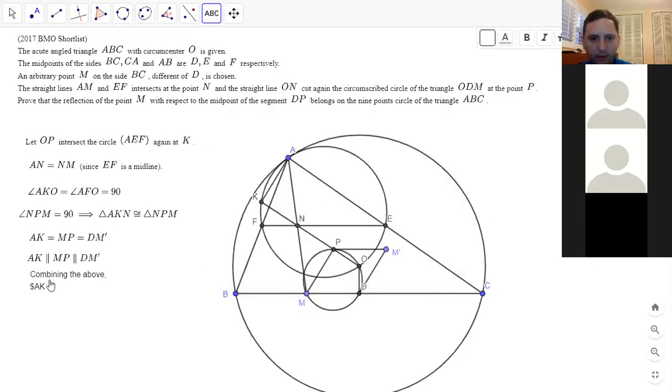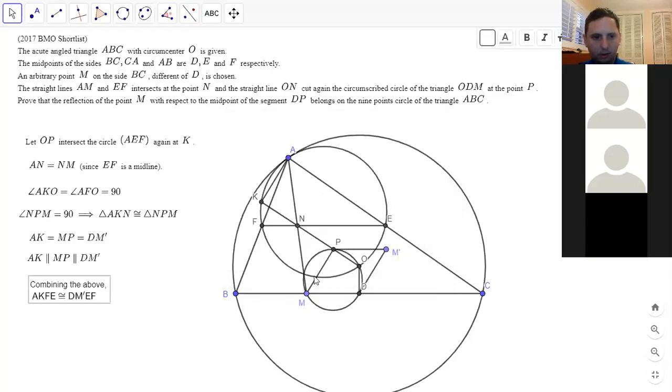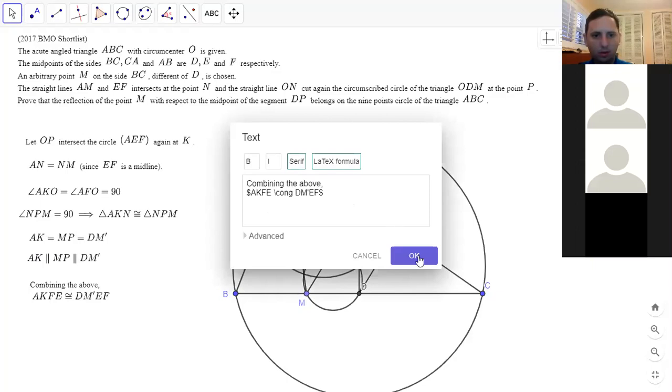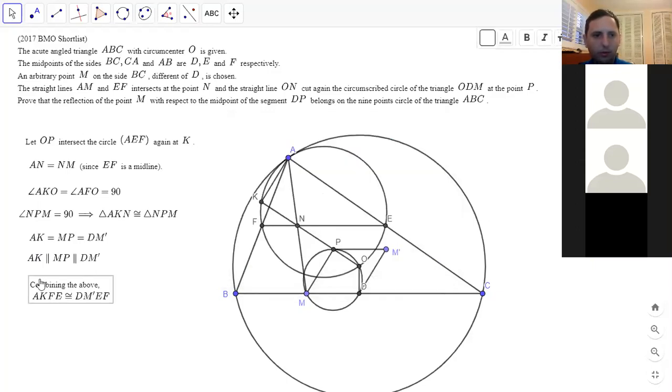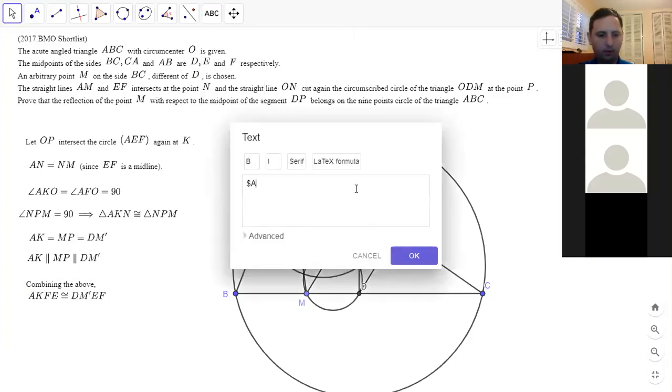And then once we know that, since AKFE is cyclic, then DM prime EF is cyclic.